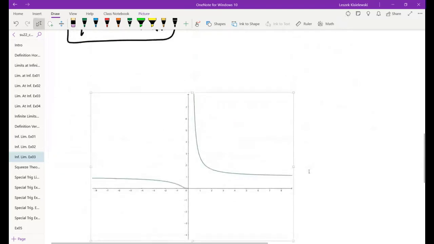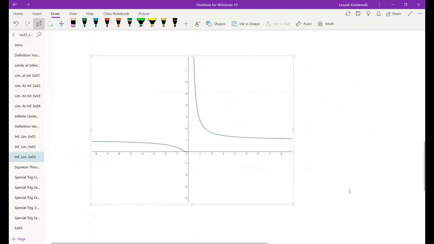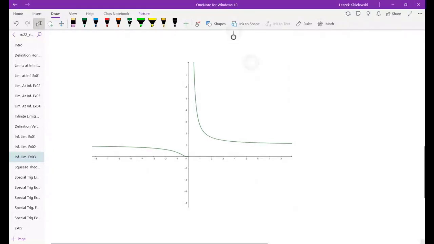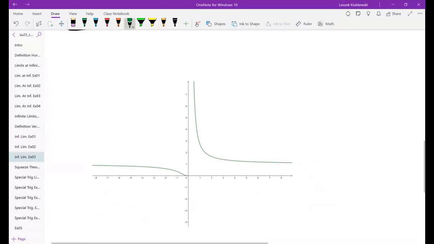And that was just a graph of that function. Okay, so that was infinite limits and limits at infinity. So let's move on to Squeeze theorem.